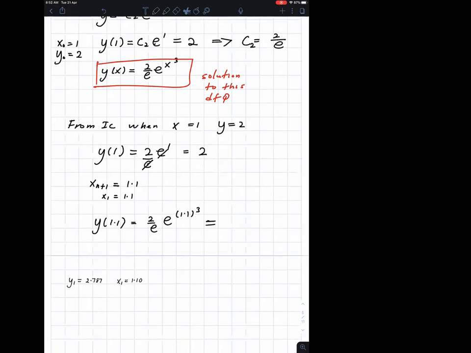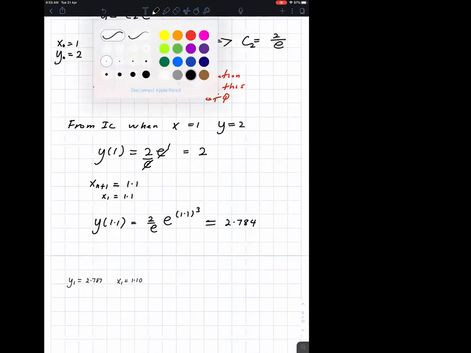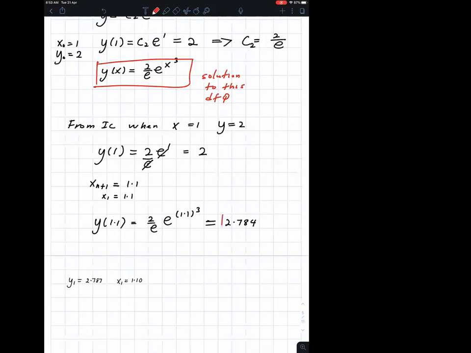So it's 2.784. That is the exact solution. And this is the numerical solution.